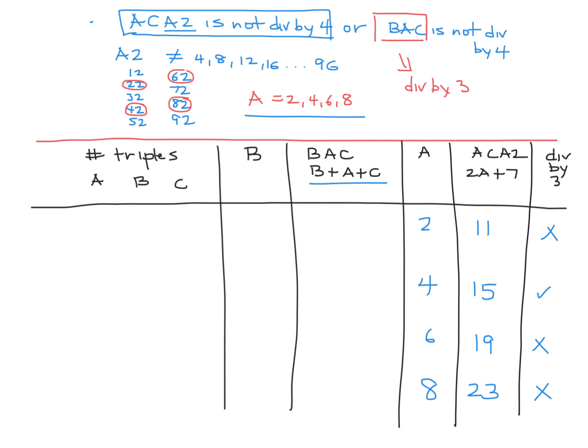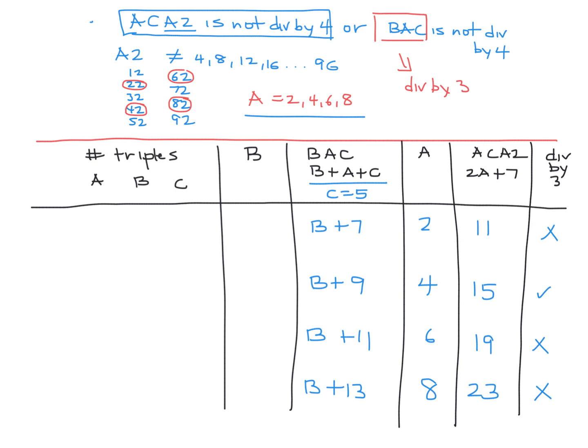For A equals 2, C is 5, by the way. So this is going to be B plus 7. This will be B plus 9, right? This will be B plus 11, and this will be B plus 13. And so let's take this one step at a time.